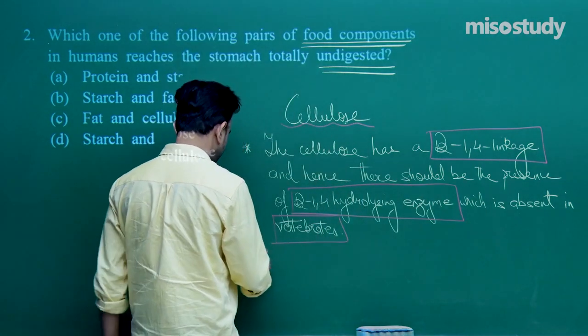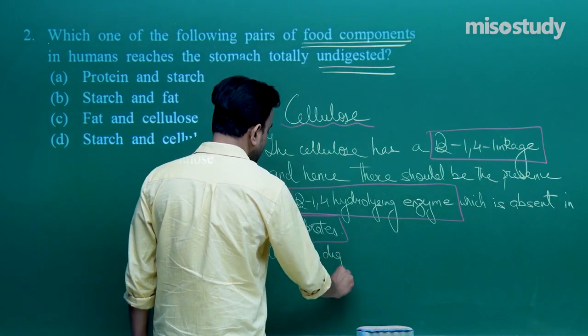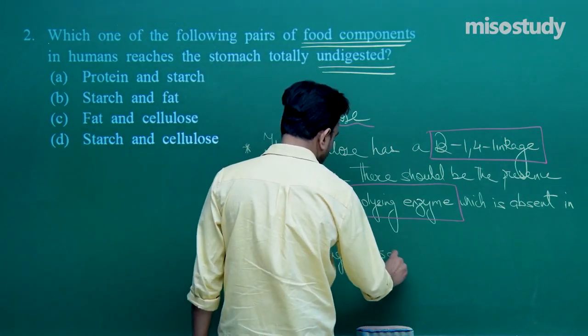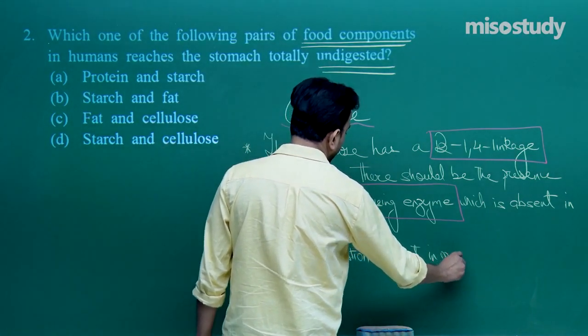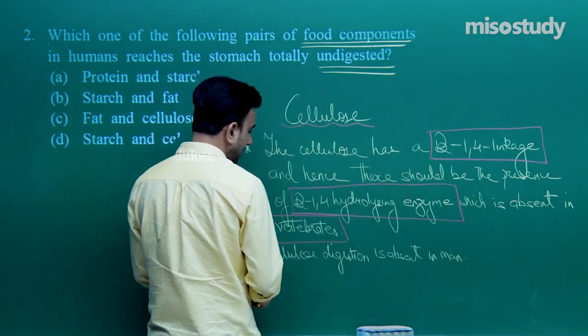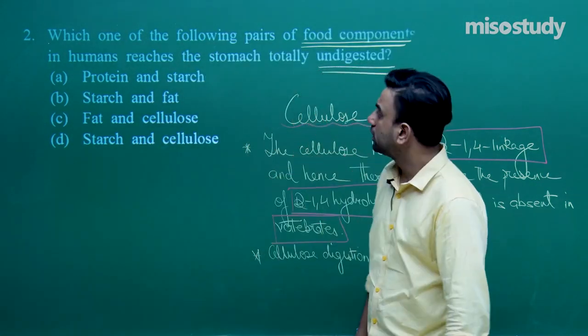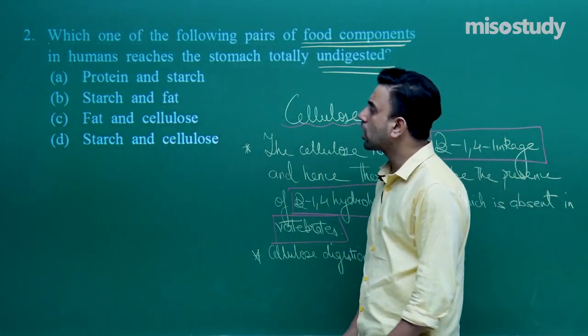Thus, cellulose digestion is absent in man. So, this will be one of the constituents when we say that it reaches the stomach totally undigested. Then we can talk about the protein.